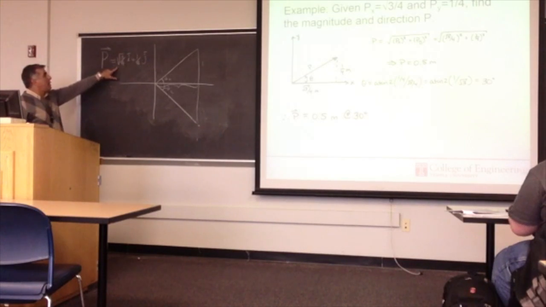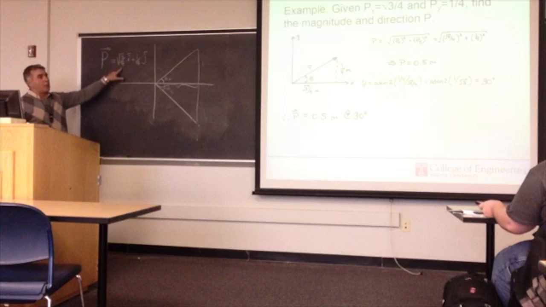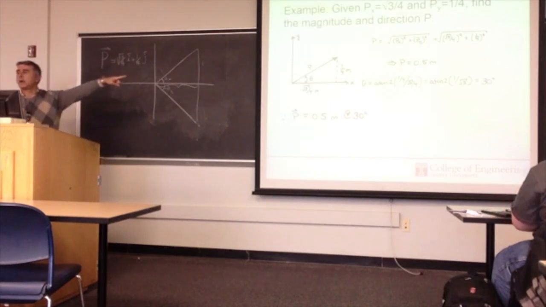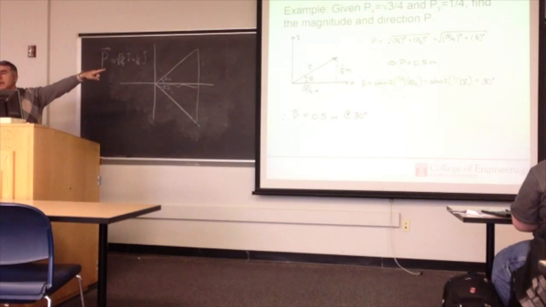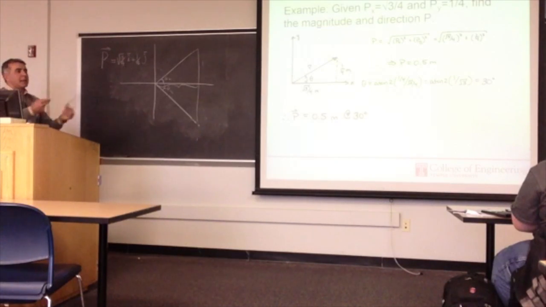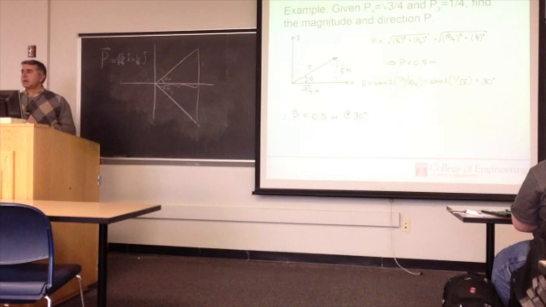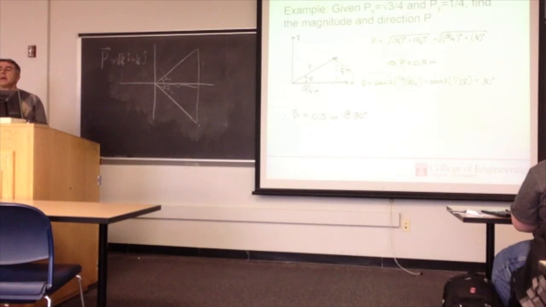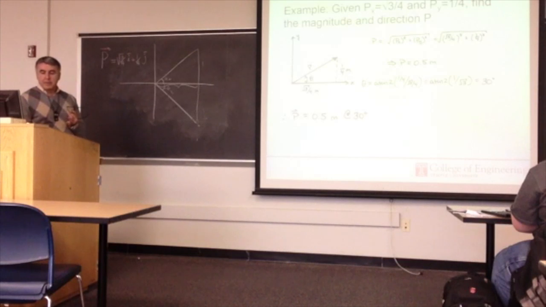The square root of the sum of the squares of these two, which is exactly what we got over there. So now we have two ways of describing a vector. One is Cartesian, the other one is polar. So this is called polar form.